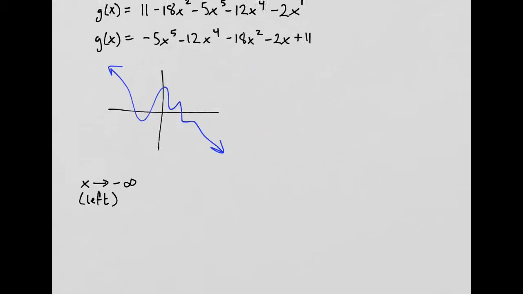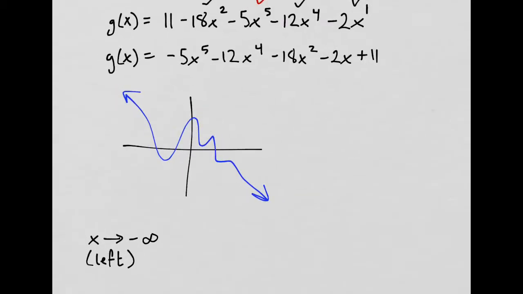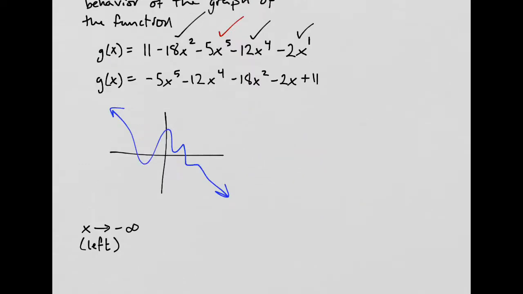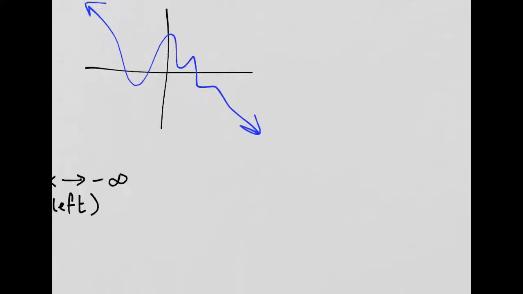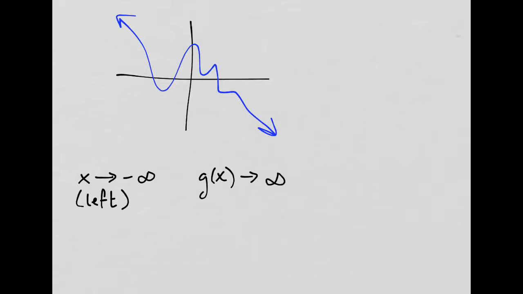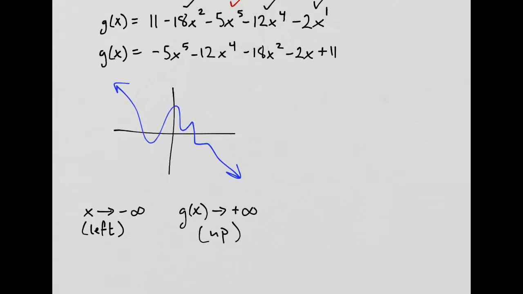What is the function doing? It's going upwards, and that's positive infinity. Our function is called g of x, so g of x approaches positive infinity. That means up.